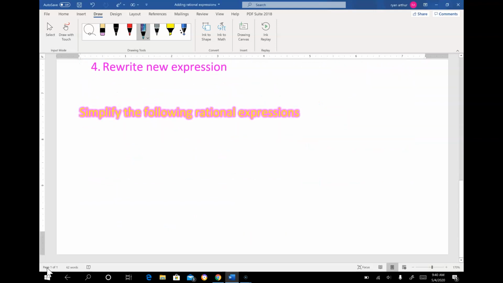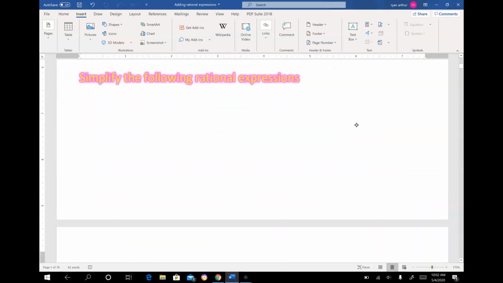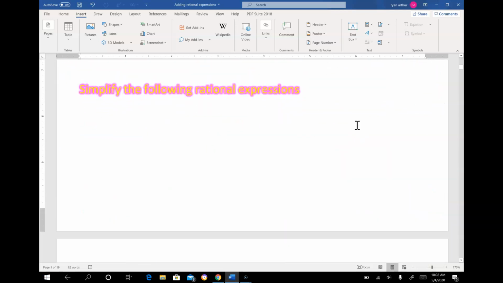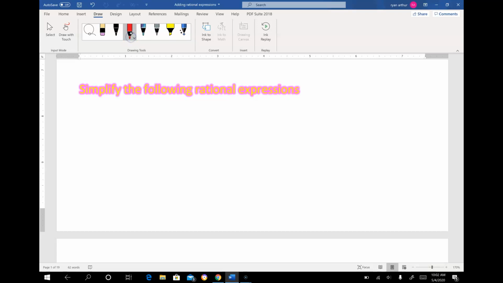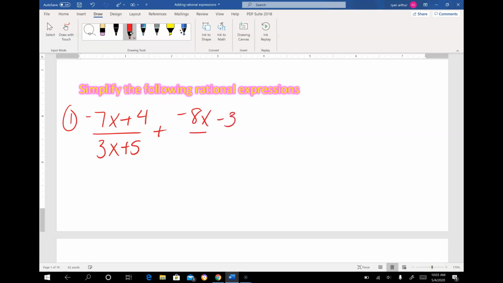Now let's start simplifying rational expressions. Alright, so let's start with example 1. Negative 7x plus 4 over 3x plus 5 plus negative 8x minus 3 over 3x plus 5.